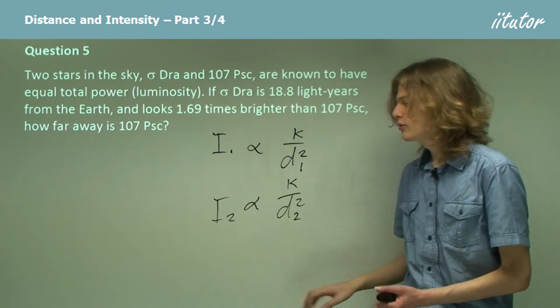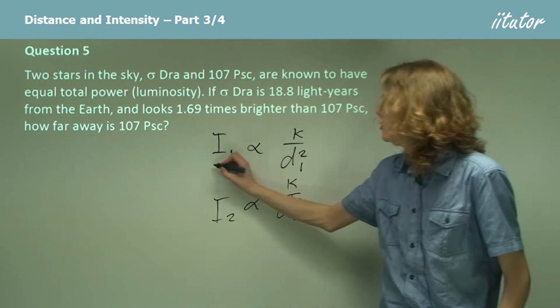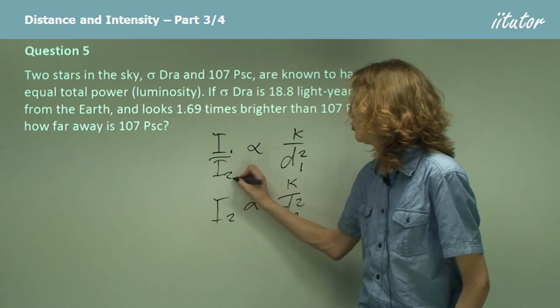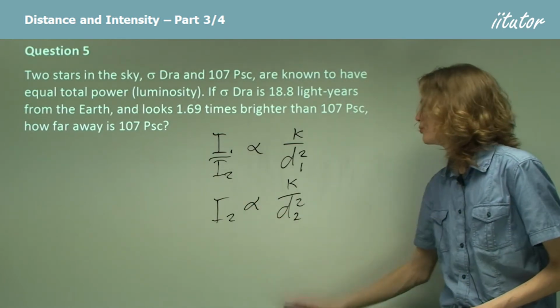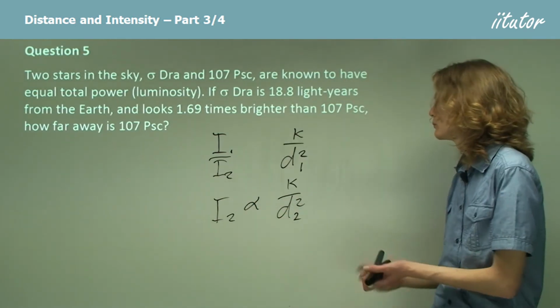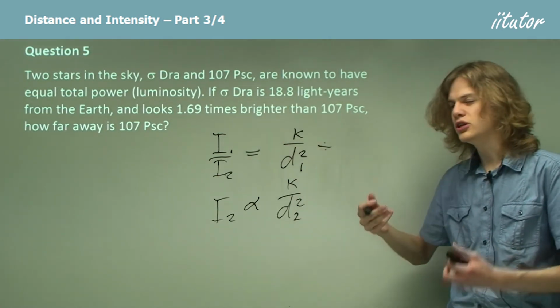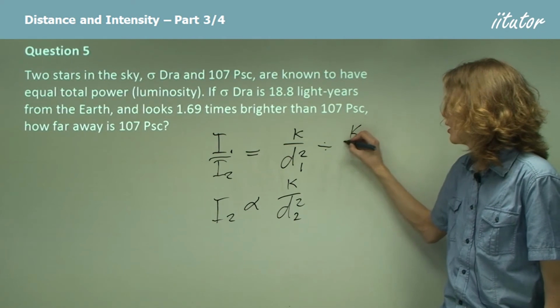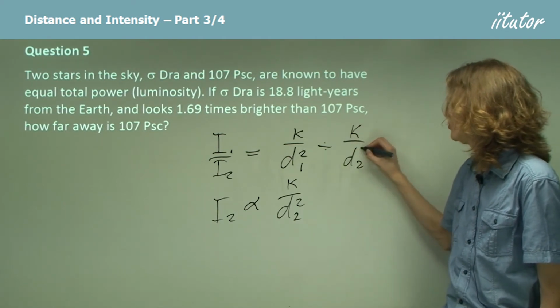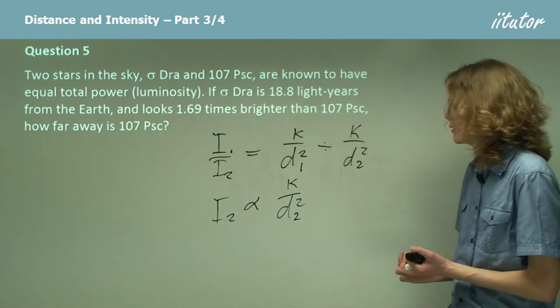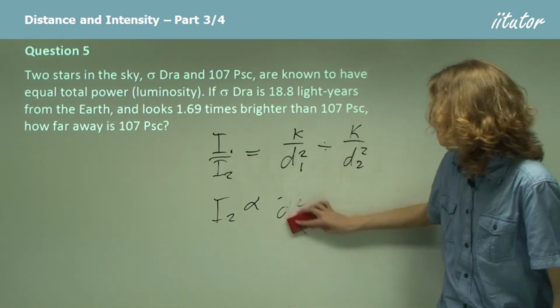So what we end up with is I1 over I2 equals, and this is going to be a constant over d1 squared, and here a constant over d2 squared. But how do we divide fractions?